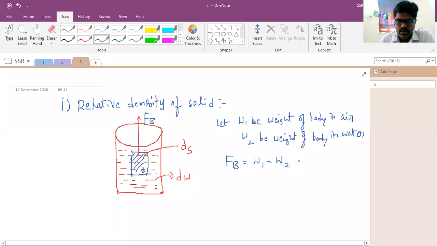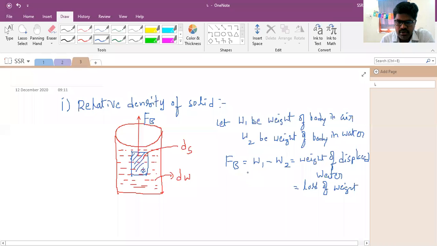That is equal to the weight of displaced fluid, that means weight of displaced water by the solid. So Fb is equal to W1 minus W2, that is equal to the weight of displaced water, or else we can say Fb is also equal to the loss of weight of the body. Anyway, Fb is equal to W1 minus W2.